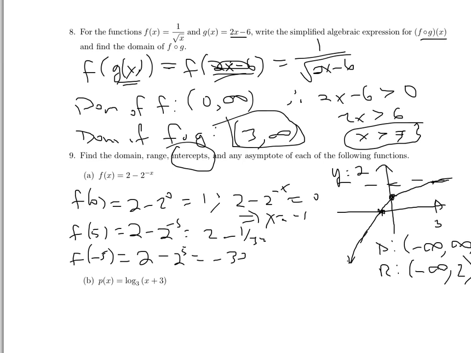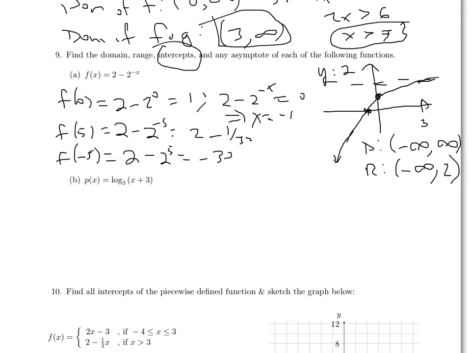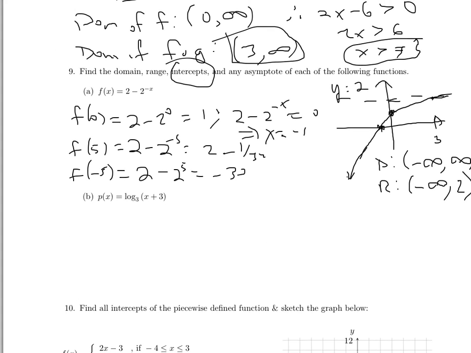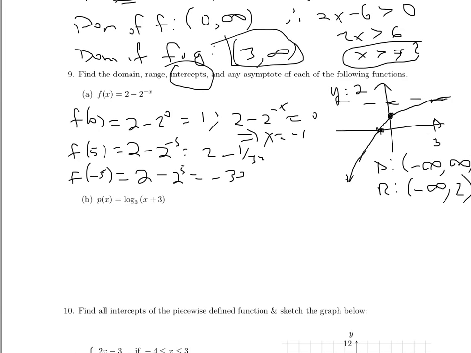For logarithmic functions, we expect to have a vertical asymptote, and so we expect there to be some kind of domain issue. But again, let's first start with the intercept. So the y-intercept happens when x is 0, so that's log base 3 of 3, which is 1.